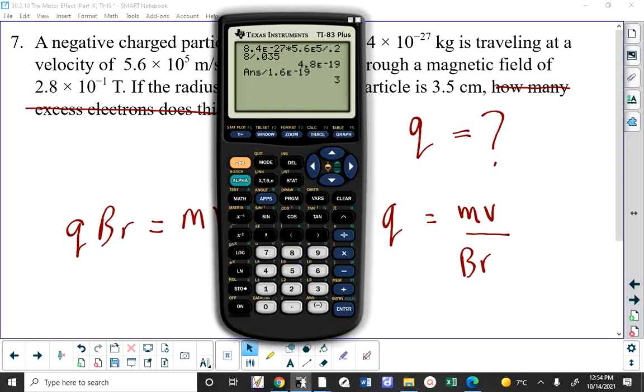Now be careful, because maybe when you calculate the charge on an exam, you get that number, and you divide that by the elementary charge to find out how many of those lumps of elementary charge there are, and you get 3.0035.